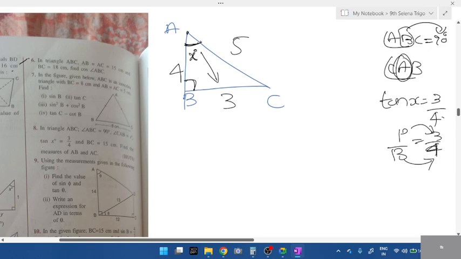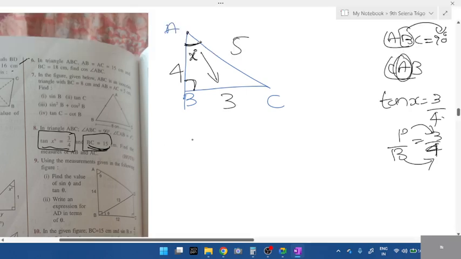So this is not the actual value. This is just a ratio. Remember, 3 and 4 are just ratios, students. What's the actual value of BC? 15, right? Yeah, 15. Now look here.